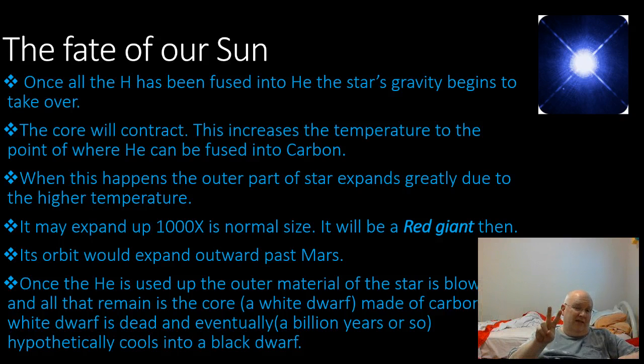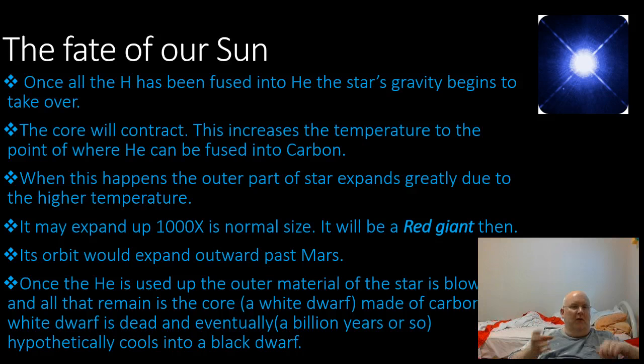It can only do 2 phases of fusion. At this point, all the material is going to be blown off because once again the star is going to collapse on itself, and the core. Remember, now the core is carbon. Not enough mass to initiate the fusion of carbon into the next element.